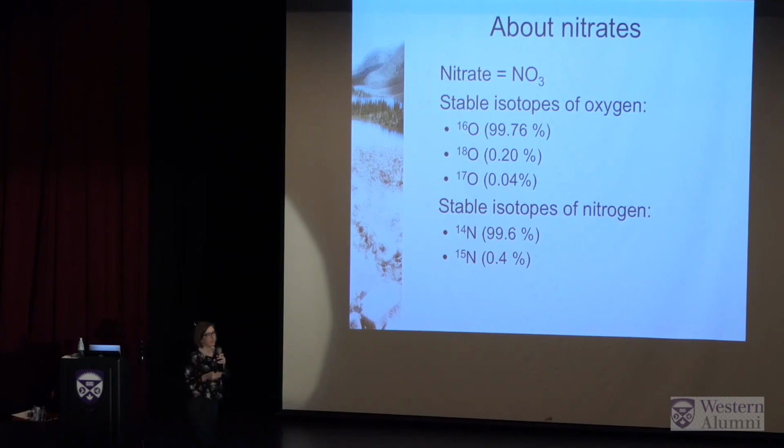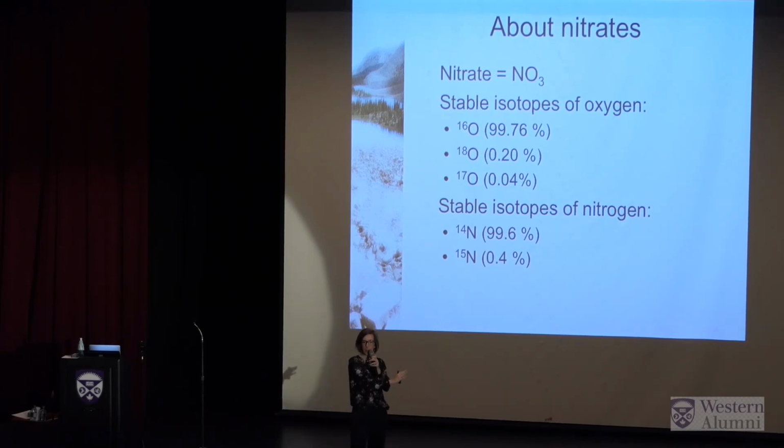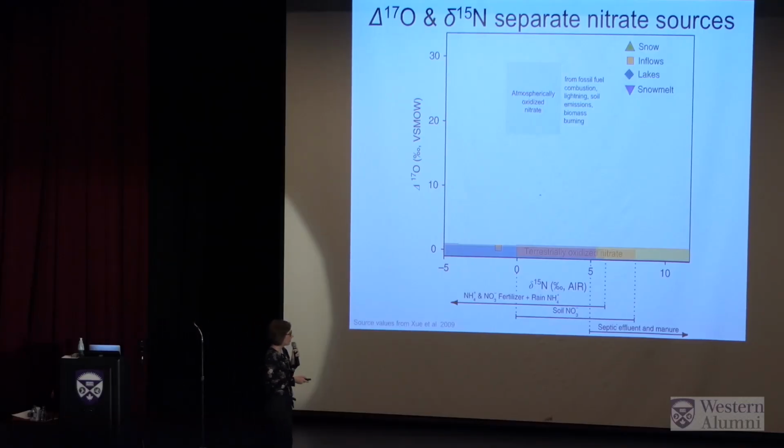And likewise for nitrogen, almost all of the nitrogen that we breathe is nitrogen 14, but a little bit is nitrogen 15. This doesn't matter too much except to know that this is the general picture for Earth, but different sources have slightly different percentages. So different places where this nitrate can come from have slightly different percentages. And that acts like a fingerprint or a signature.